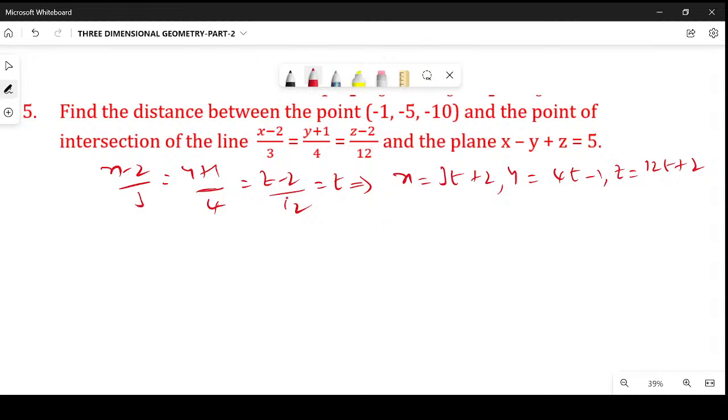Why this point? Because they are asking for the point of intersection. Since they are intersecting, this point should be on the given plane.